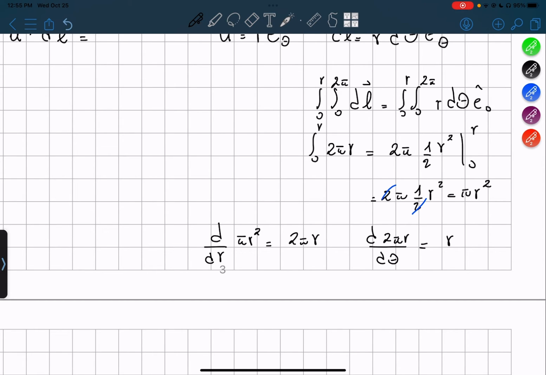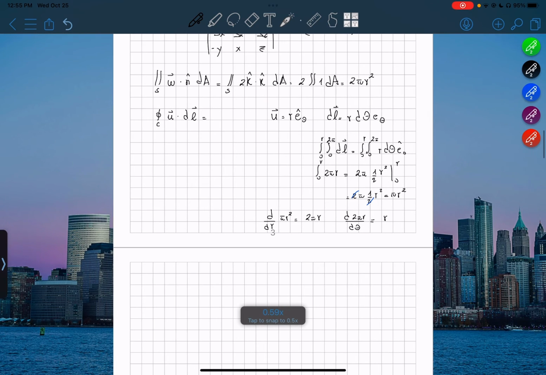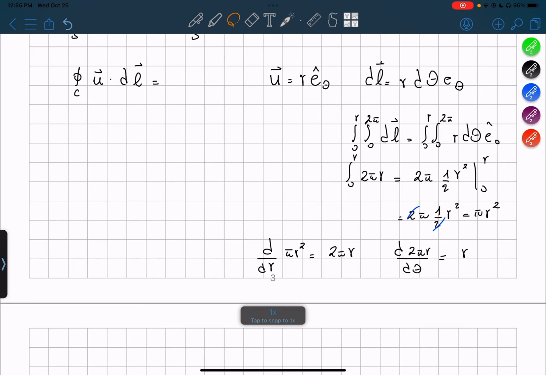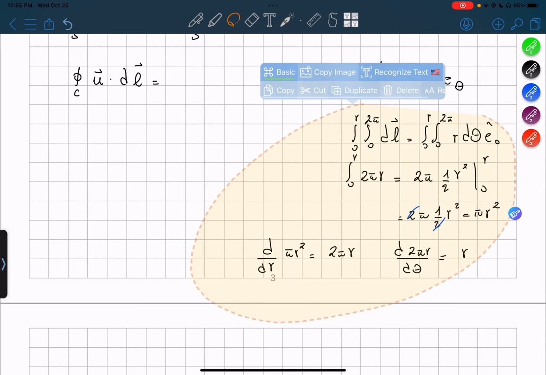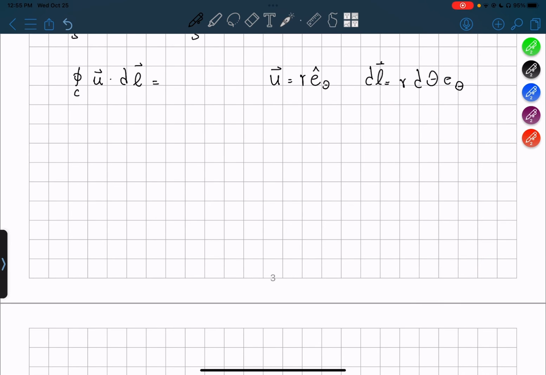All right. Okay, so after we went down this rabbit hole, we can plug in here. We get u in the theta direction dotted with r d theta in the e theta hat direction, over a closed contour. And a closed contour we said is from 0 to r, from 0 to 2 pi.